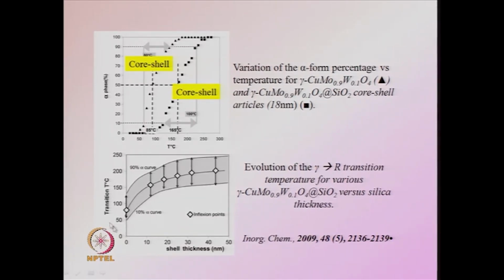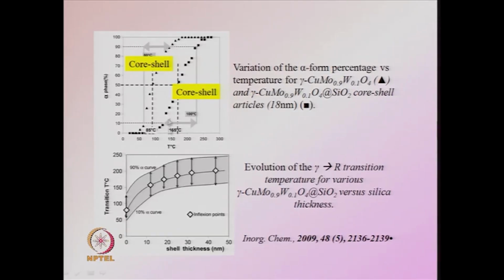And this can be plotted in another way: if you increase shell thickness, what happens to the transition temperature. So, the transition temperature keeps increasing as you increase the shell thickness. These are plotted from the 90% of this curve. So, this is 100%, this is 90%.